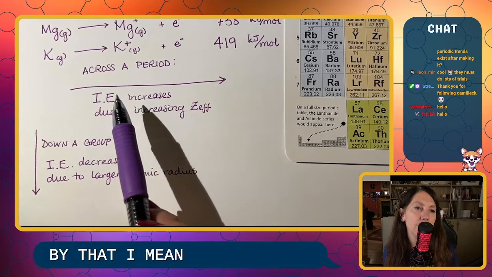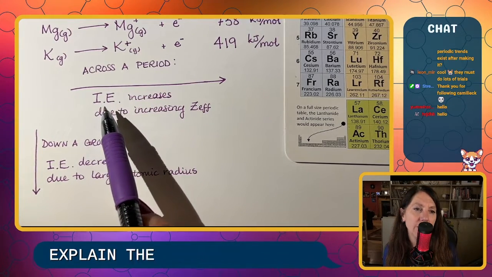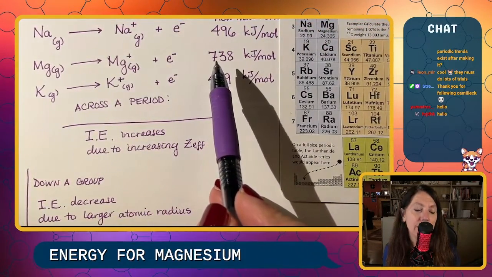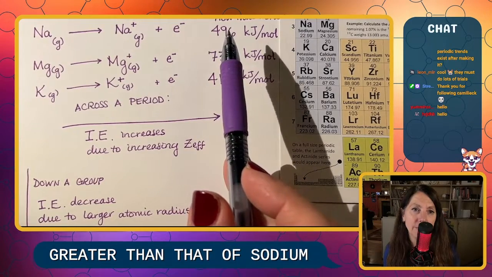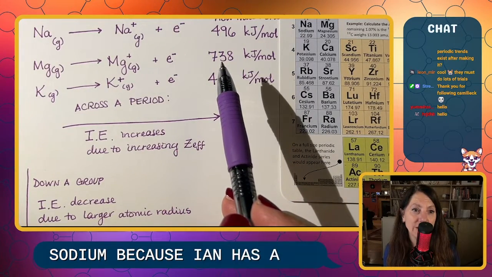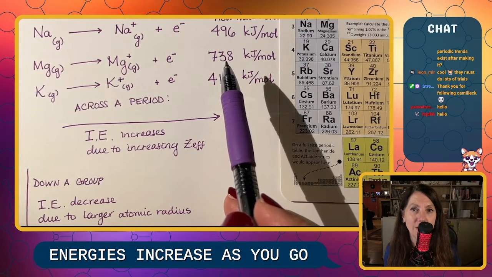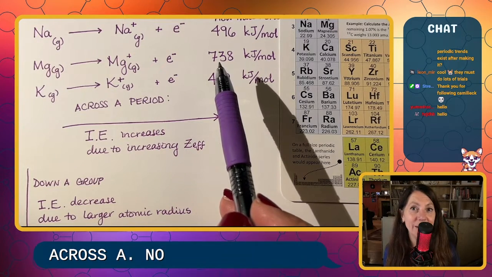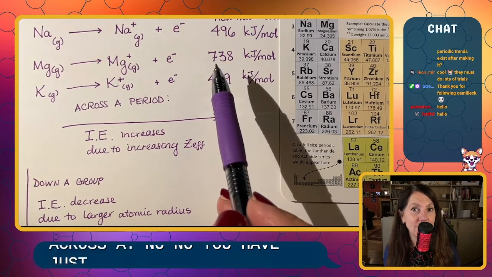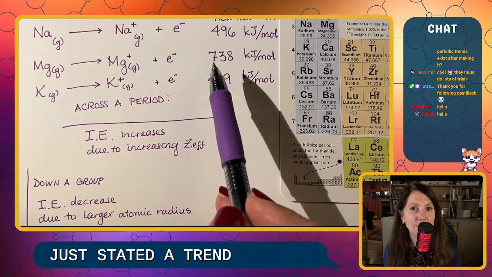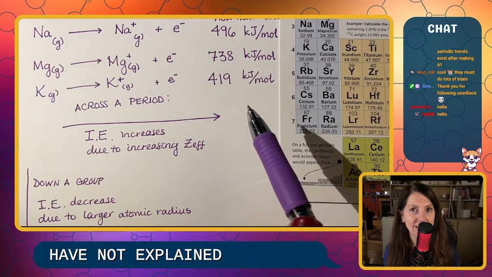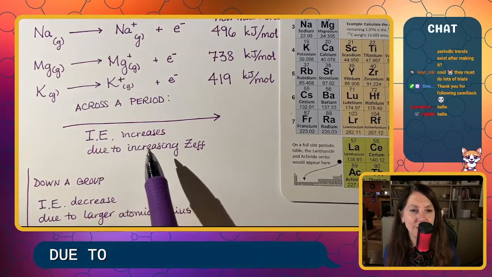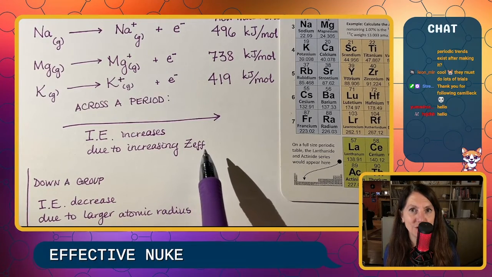I mean, you don't explain the ionization energy for magnesium is greater than that of sodium because ionization energies increase as you go across a period. No. You have just stated a trend, but you have not explained the trend. The explanation is due to the increasing effective nuclear charge.